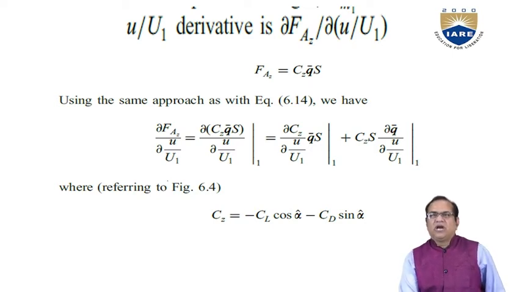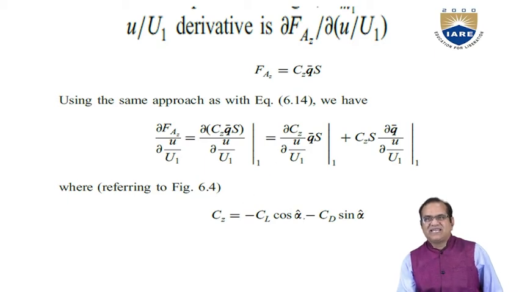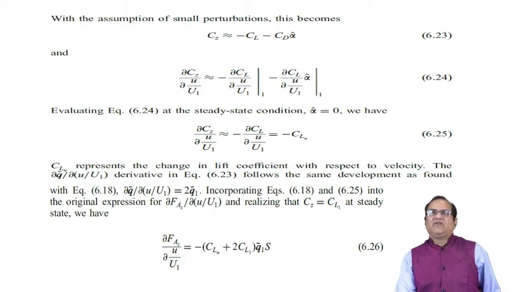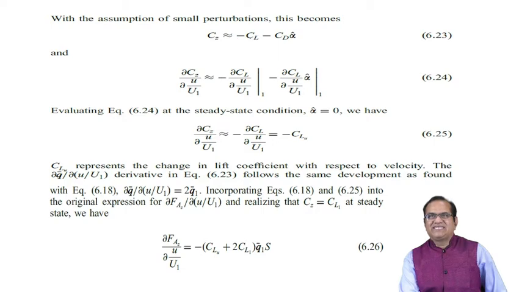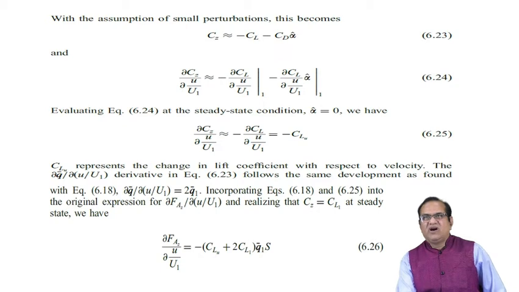Okay, so we can see from figure 6.4 that CZ is equal to minus CL cos alpha minus CD sin alpha. Now, with the assumption of small perturbation, CZ is assumed to be proportionally equal to minus CL, neglecting the angles, minus CL minus CD into alpha.